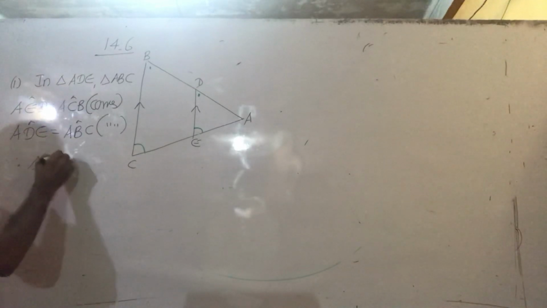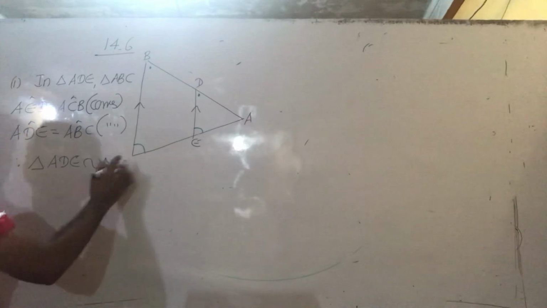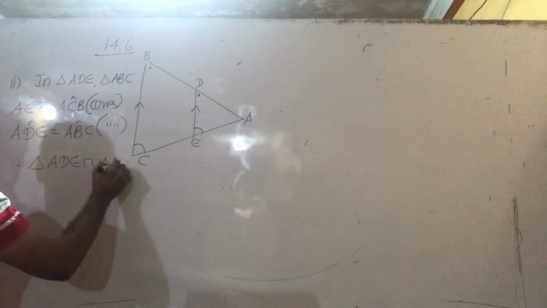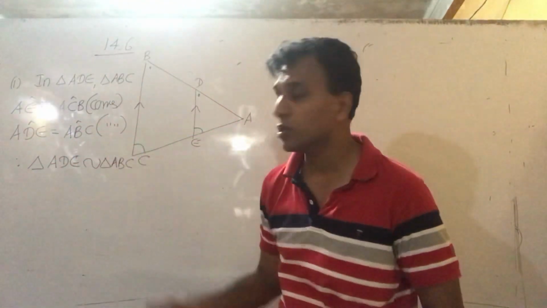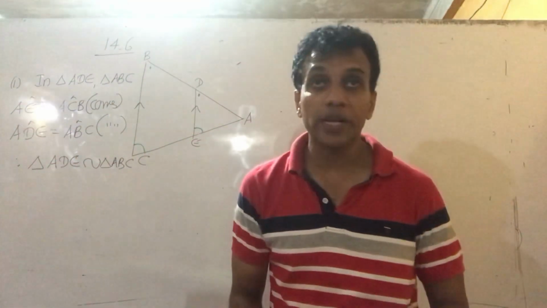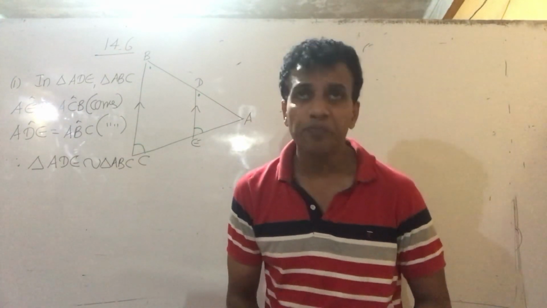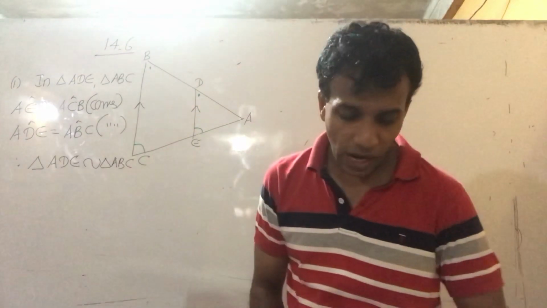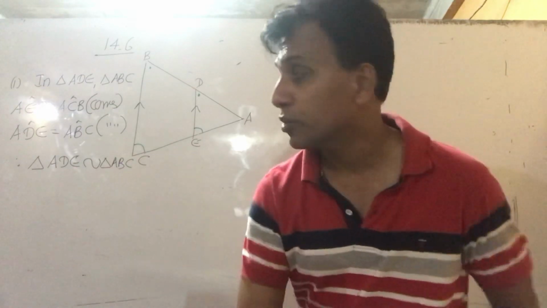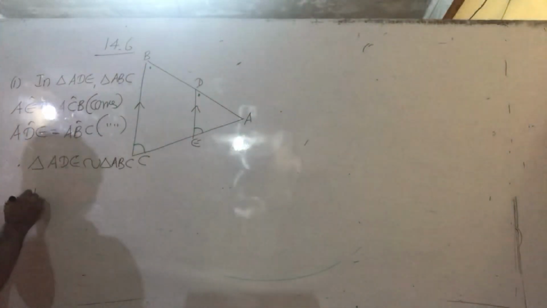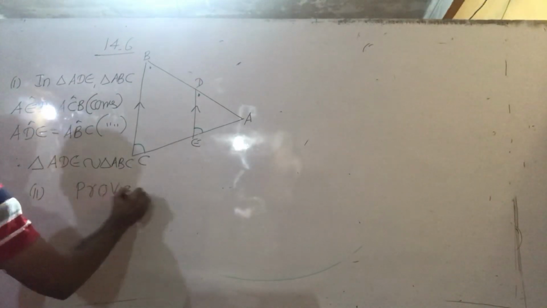triangle ADE similar to triangle ABC, okay? Once they show this ratio proportion, hereafter sides are correspondingly equal. Now we write the answer. Second part, prove what is that?